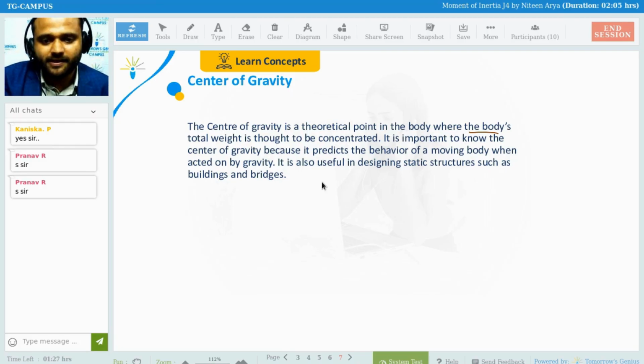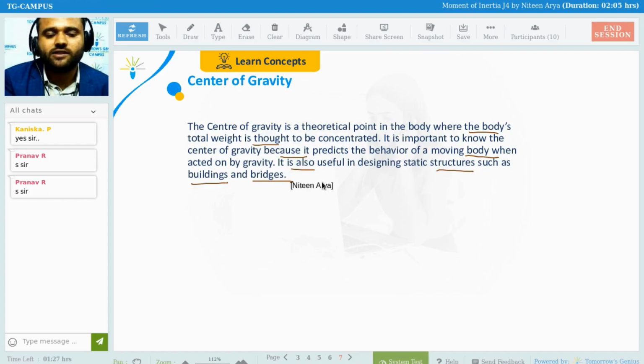So the center of gravity is a theoretical point in the body where the body's total weight is assumed to be concentrated. It is important to know the center of gravity because it predicts the behavior of a moving body when acted on by gravity. It is also useful in designing static structures such as buildings or bridges. If we are making any particular bridge or structure, the center of gravity is very important to find.